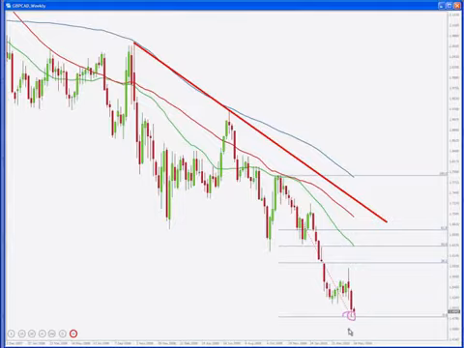If this is indeed the lowest point of this swing, we can see how the dynamic area of support and resistance, as we project the moving averages, falls in line within the 38 and the 61% Fibonacci retracement. So that's a good sign.